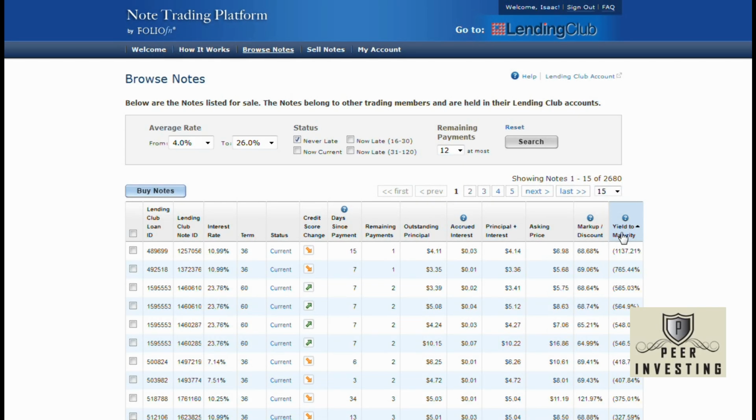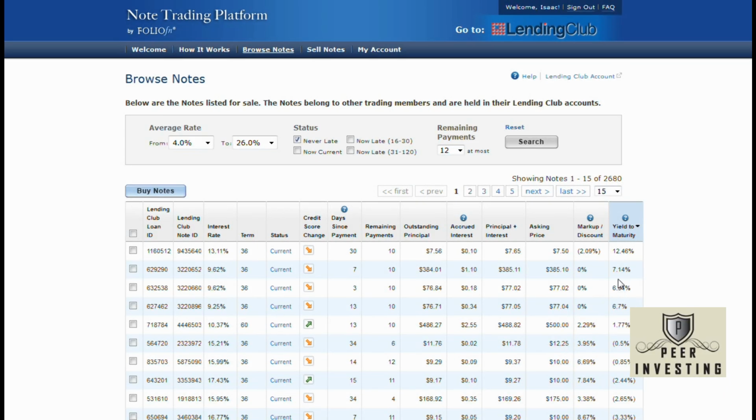So I'm going to sort by yield to maturity first, and you can see people have crazy pricing on these notes, and there's just, look there, I got 2,600 results for what I'm looking for. There's just pages and pages of this, people that are just mispricing the notes that they want to sell. So I'm going to click that again.